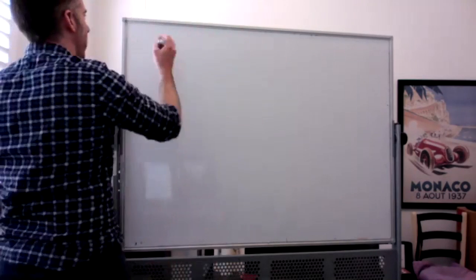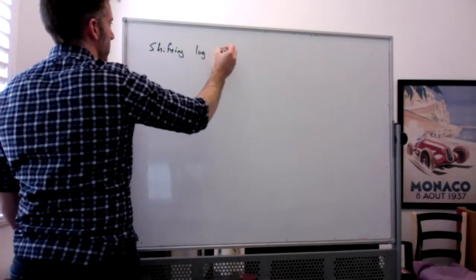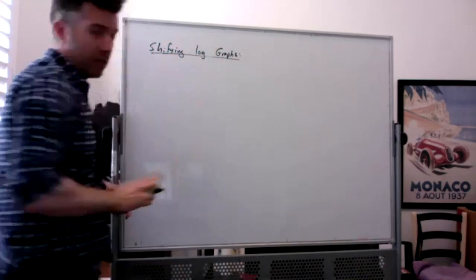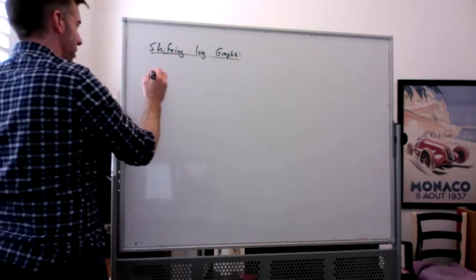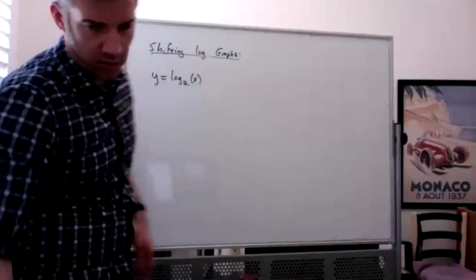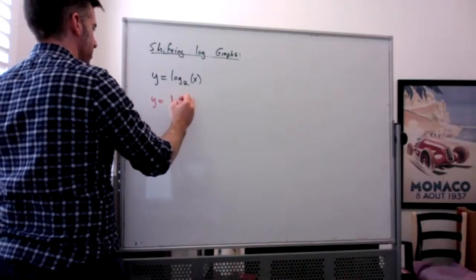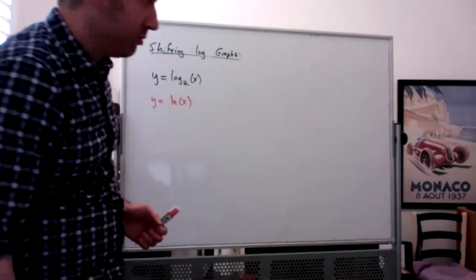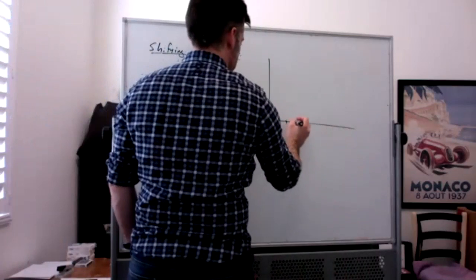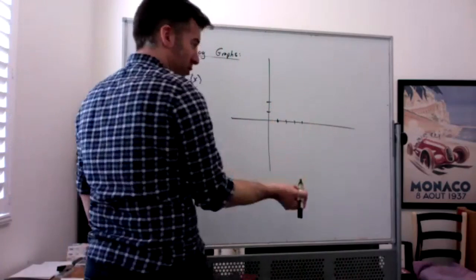So shifting log graphs. There's a few things we can do. Again, the general shape. If you're going to graph, say, either y equal to log base 2 of x, or in red, we'll do the natural log of x, they have the same general shape. They all intersect the point 1, 0.